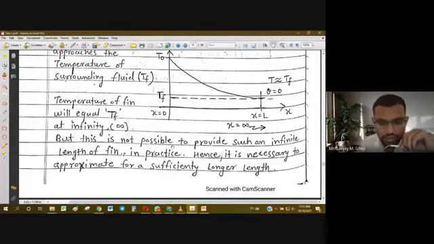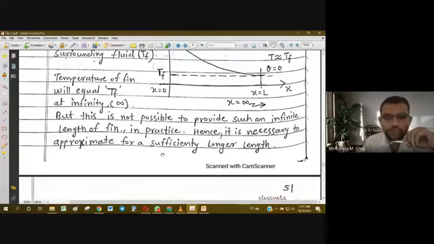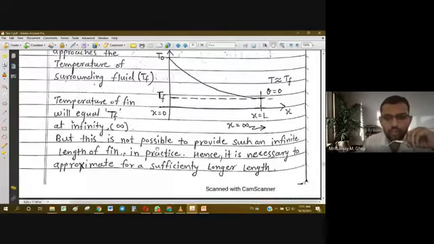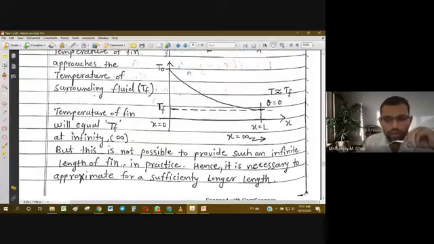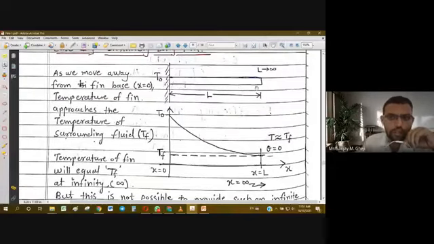But it is not possible in practice to provide such an infinite length of fin. So it becomes necessary to approximate for a sufficiently long length, because we cannot have a fin of length, let us say, 1 kilometer or 2 kilometers. It is very impractical.